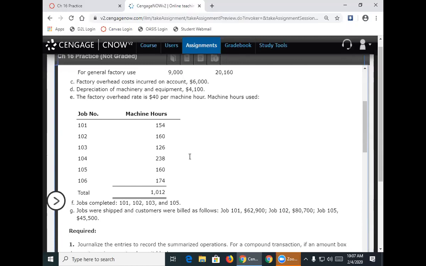Anyone have that added up? 175,090. Very good. $175,090. Okay, that's those 4 jobs going out of work in process, and they're flowing into finished goods.